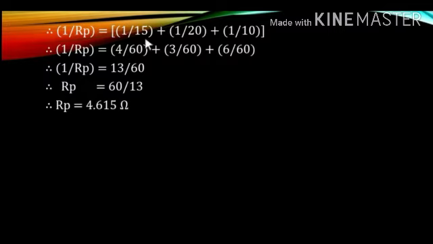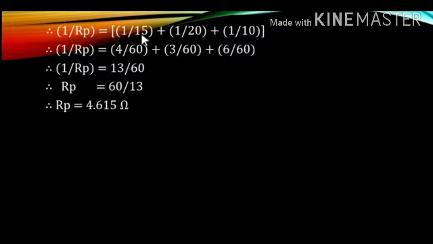Now here denominators are not the same, they are different, and to make all the denominators equal we will take the LCM. That means LCM of 15, 20 and 10 will be 60.